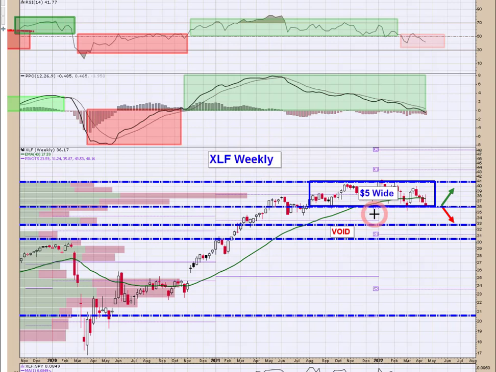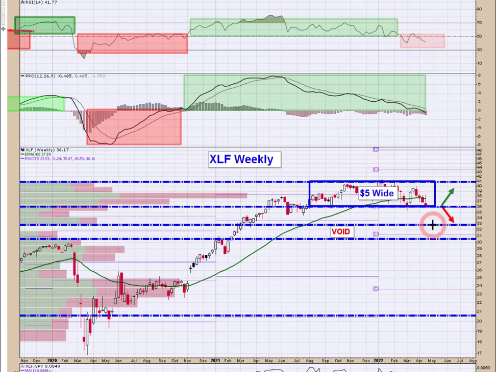Quickly on XLF weekly, we've been in a $5 trading range for the better part of 9 months, even going back a year. Now we're at the low side of the box, below the 40-week moving average. I would have an alarm at 36. You break below 36, you've got a $5 wide target, and I would expect a move down towards 31.